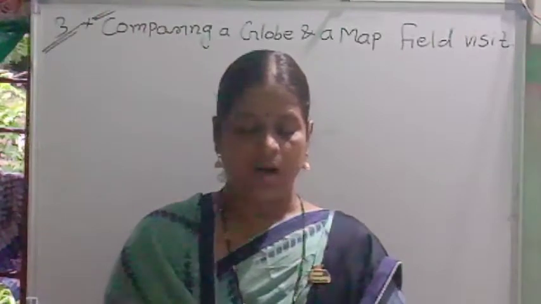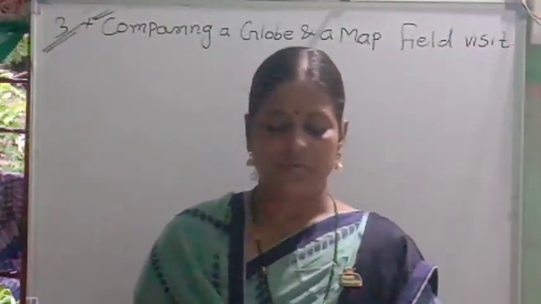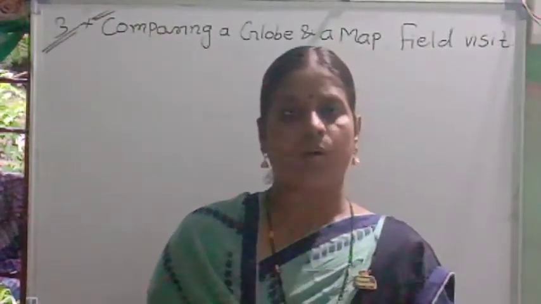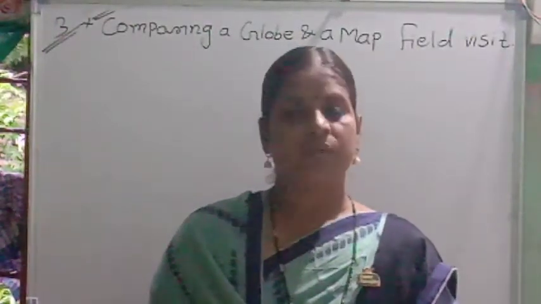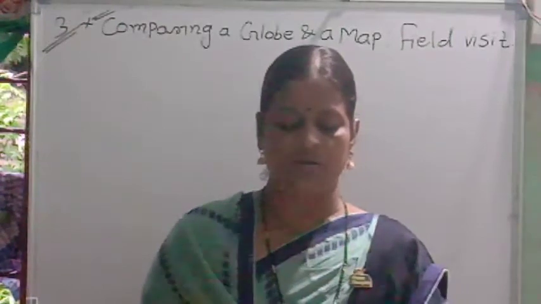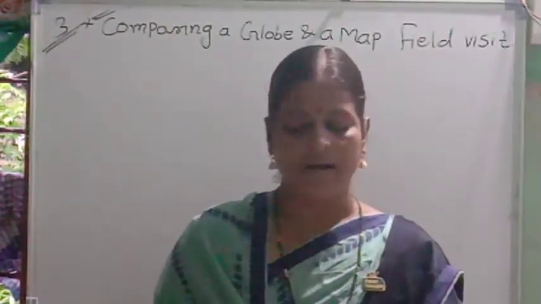Do you know, in order to draw a map of the whole world, first a wire globe is prepared. A source of light is placed inside the globe.